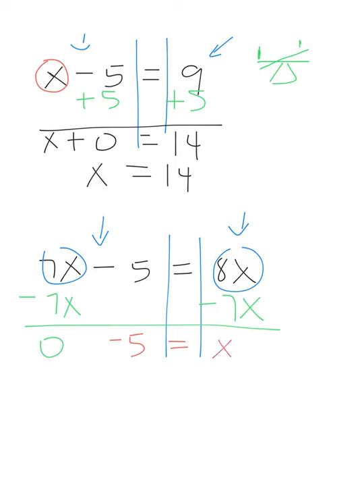So this is your final answer here. If you substituted in the negative 5 for the x here, you would have negative 35 minus 5 equals 8 times negative 5, which is negative 40, and negative 35 minus 5 is negative 40.